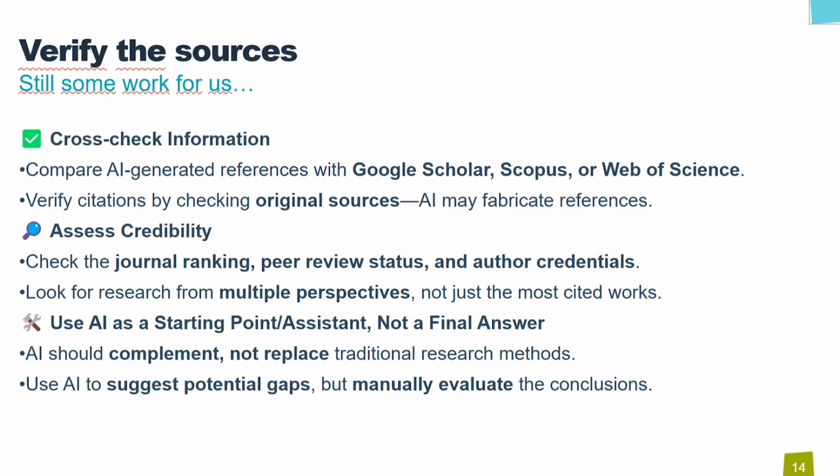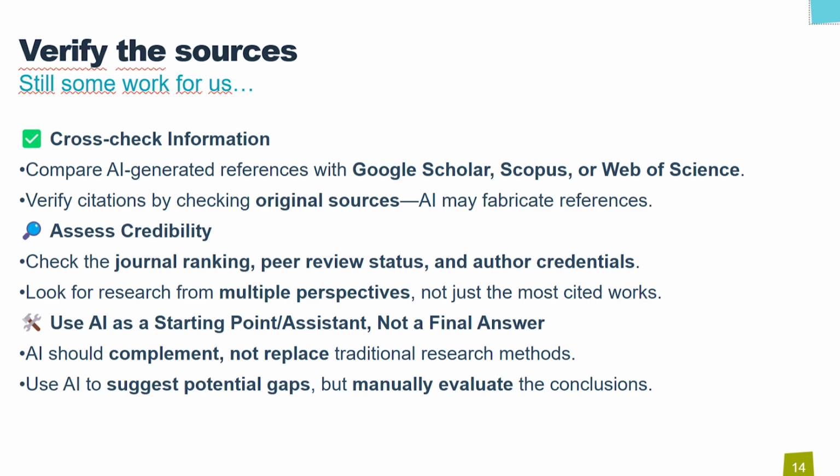And as I mentioned before, and this is the conclusion, when it comes to AI, this is a really good starting point, but this is not the main point of the research. There's still a lot of work that you need to do. Therefore, these tools complement, but do not replace, the traditional research methods.